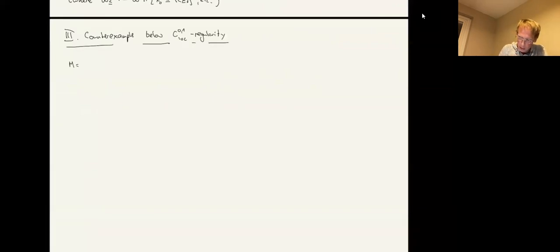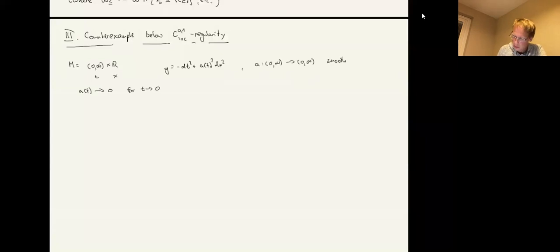So the counterexample is a cosmological 1 + 1 dimensional spacetime here with x coordinates, and g is given by -dt² plus a(t)² dx², where a is a smooth and positive function such that a(t) goes to 0 for t going to 0, and also assume the existence of particle horizons so that 1 over a is integrable near 0.